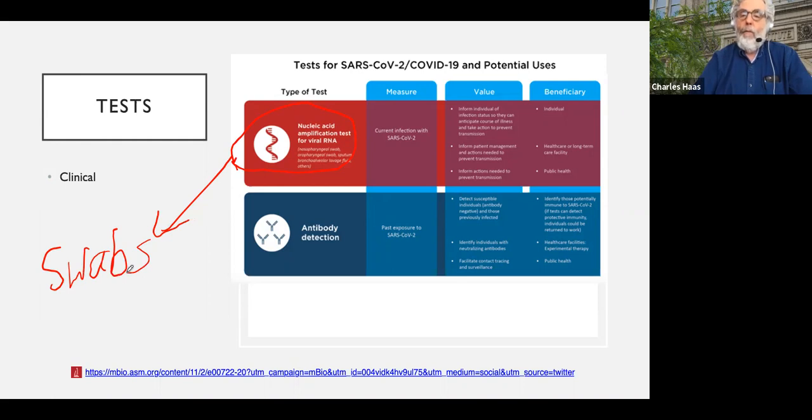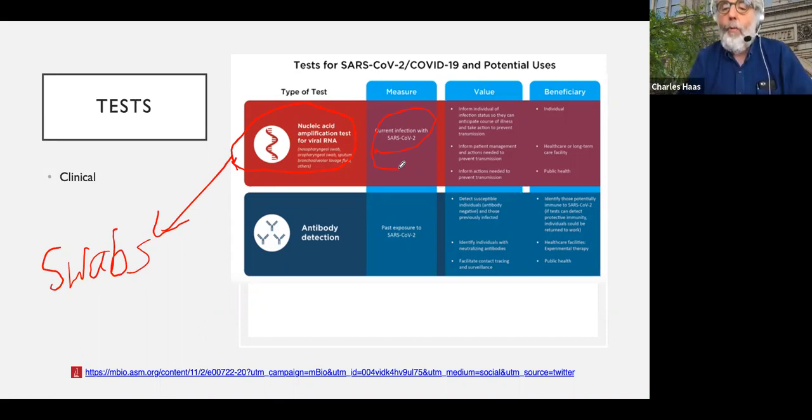where people are going in for all the swabs is testing for viral RNA. Finding nucleic acid in symptomatic patients says that they're currently infected, whether symptomatic or asymptomatic, with SARS-CoV-2.